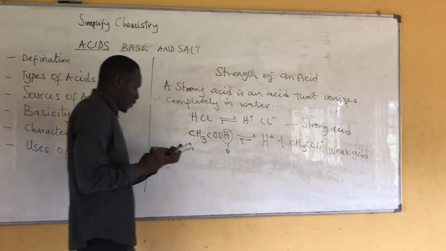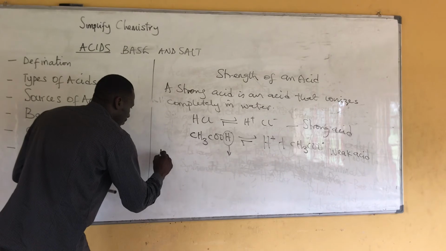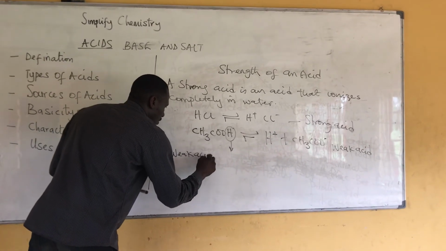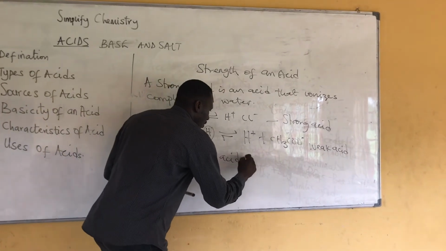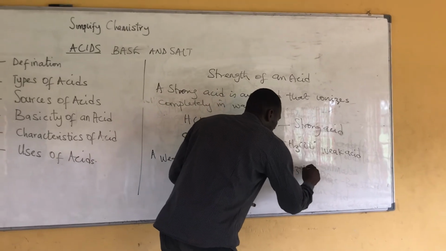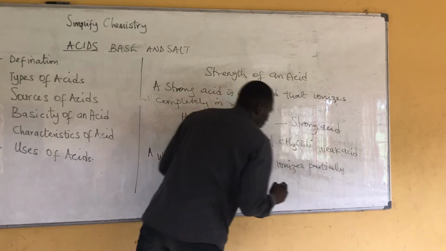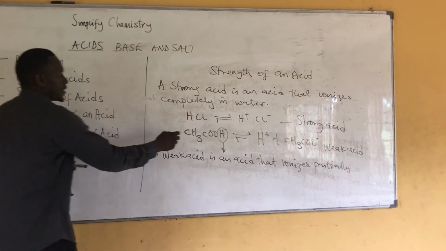So, what is a weak acid? A weak acid is an acid that ionizes partially. So you can see the difference.